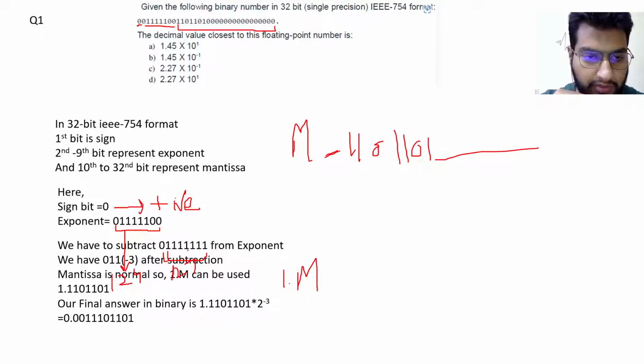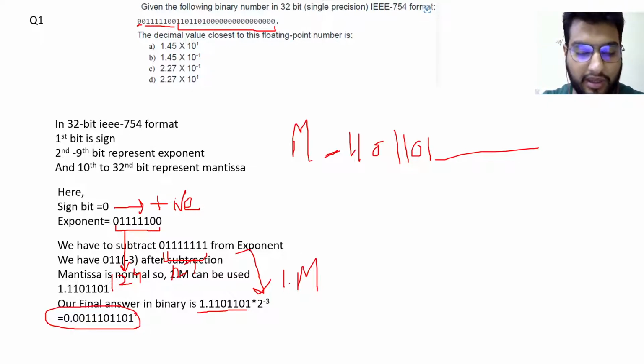This 3 comes from this, and our final answer, after shifting our number to the right position by 3, we get 0.0011101101. Now the question asks us to show the closest value to this number in decimal form.